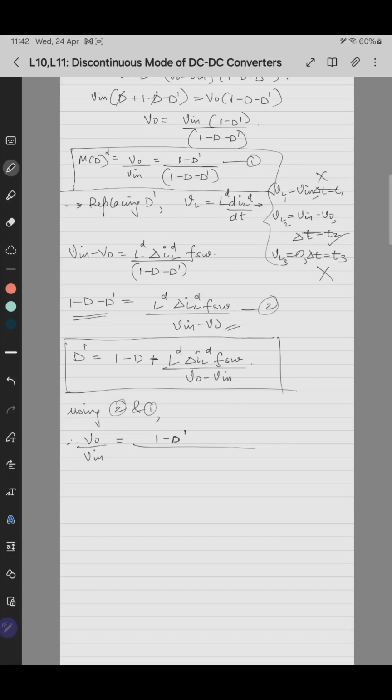What is 1 minus D dash? From equation 2, that is LD delta IL of D F switching divided by V in minus V naught. This we have written.